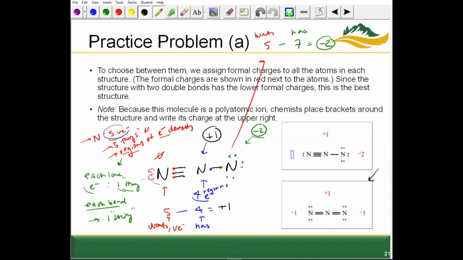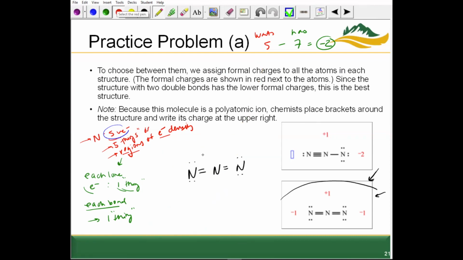Before pressing play, try to figure out the formal charges on each nitrogen in this structure. So let's try this one on the left. It has 1, 2, 3, 4, 5, 6 things around it. It wants 5, but it has 6. That means the formal charge on this nitrogen is -1. The central one has 1, 2, 3, 4 things around it.